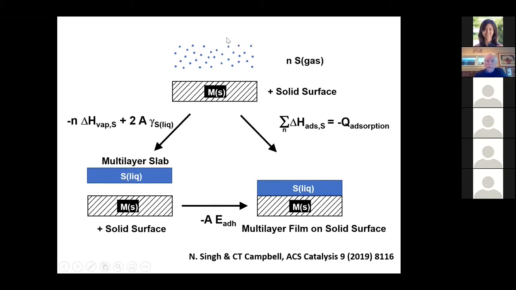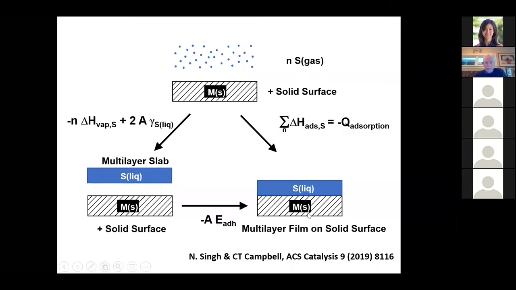We have solvent molecules in the gas phase and the clean metal surface. We calorimetrically measure the integral heat of adsorption as we build up a multilayer film of the solvent on the surface. And we do the Gedanken cycle, where we take a slab of the solvent and attach it.